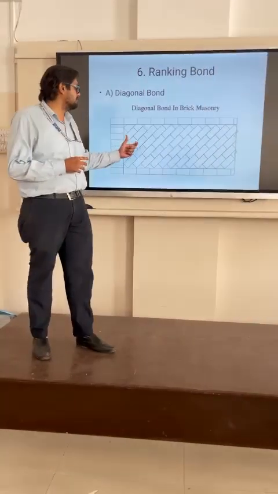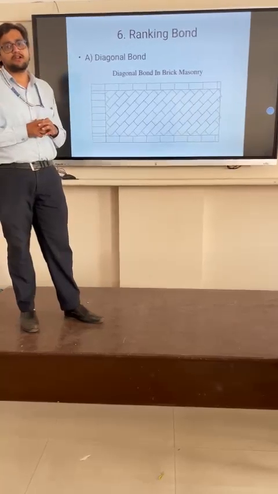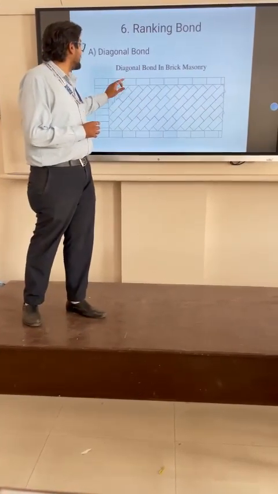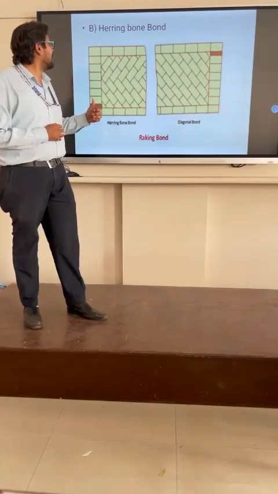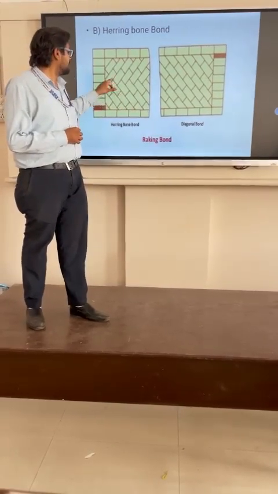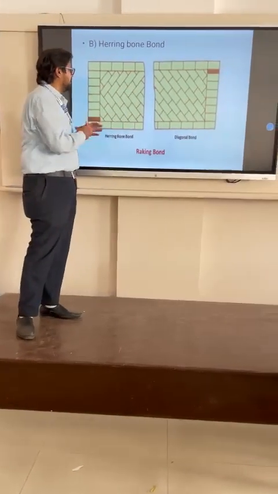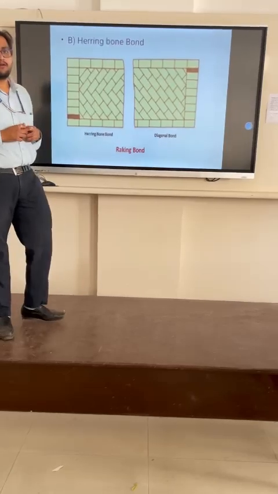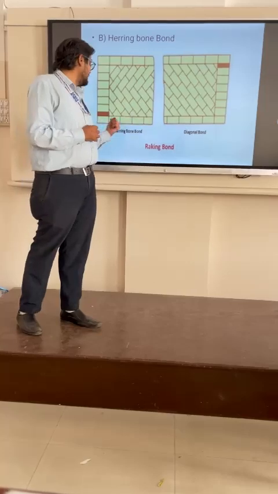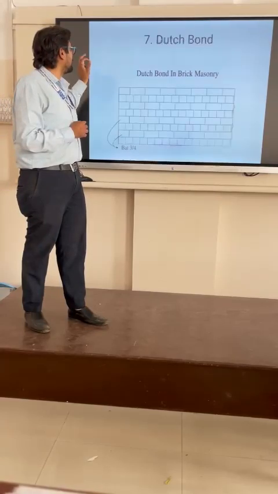This is one of the modern techniques that can be used in the construction of compound walls or masonry work. The second type is herringbone. In herringbone we can see two layers joining at 45 degrees from the top and bottom of the brick wall. This is diagonal and this is herringbone, and from the image we can be very clear about this type of bond.